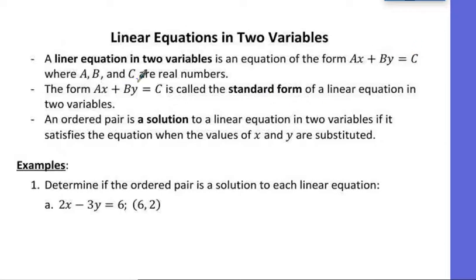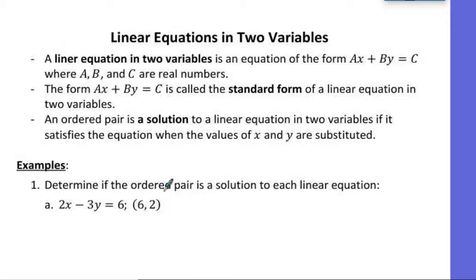A, b, and c are real numbers. The variables are x and y. An ordered pair is a solution to that linear equation in 2 variables. It's the x and y value that satisfies the equation, creating a true statement.